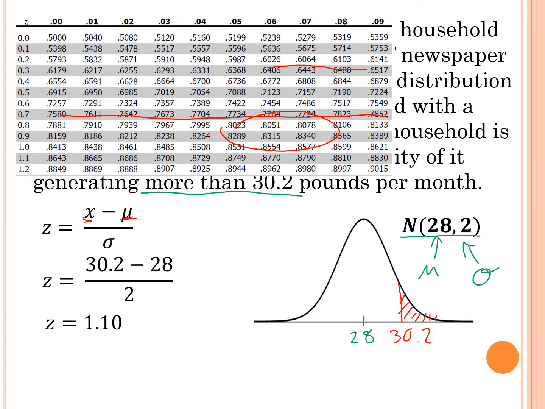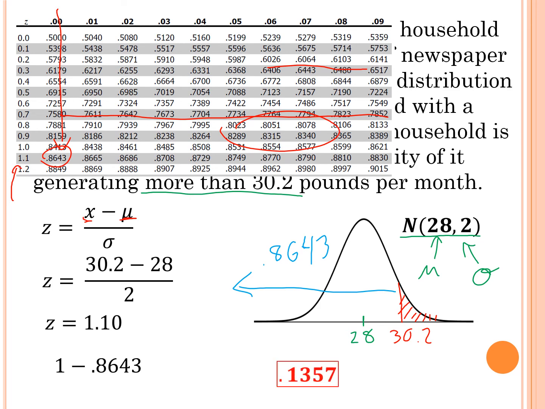So we load up that table, we find 1.10 in this table here, 0.8643. Remember, this is telling us the area to the left of this line. To find the probability that a household generates more than that, we would do 1 minus, and we get 0.1357.